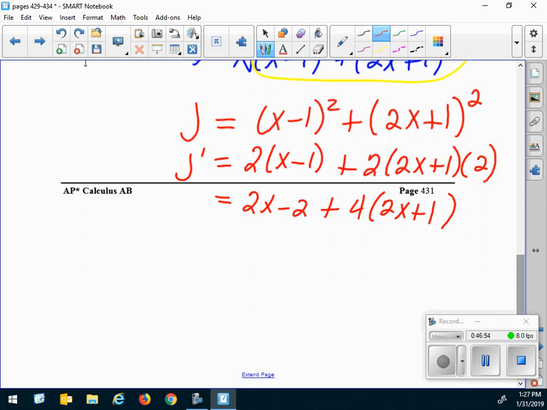If you want to FOIL those out and combine like terms, that is perfectly fine. Did I do that right? Plus 2. All right. Plus 2. That's J prime.